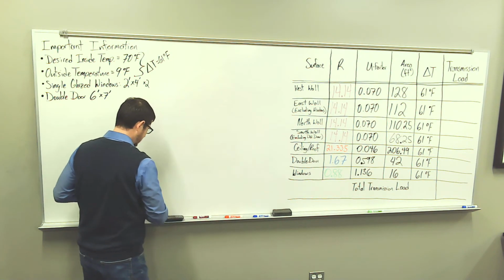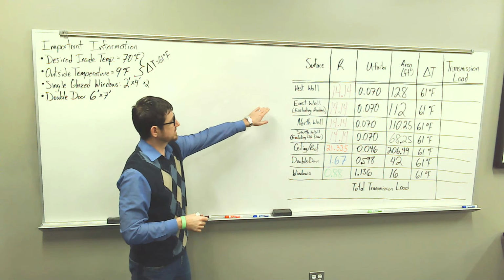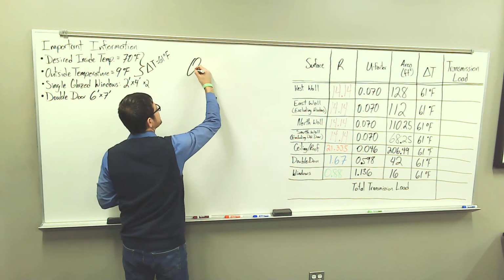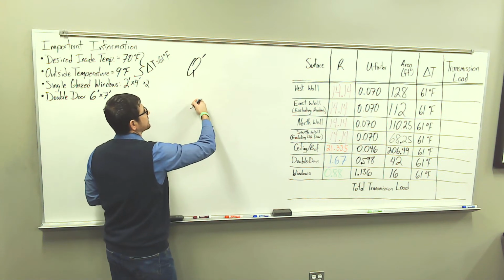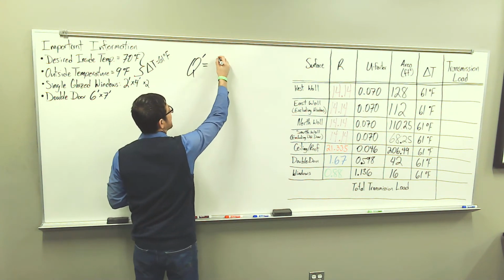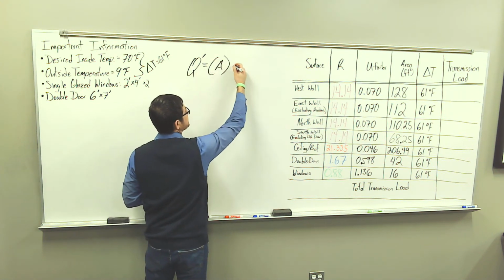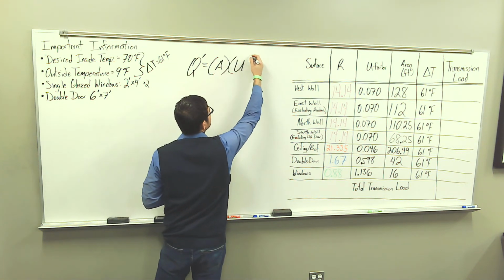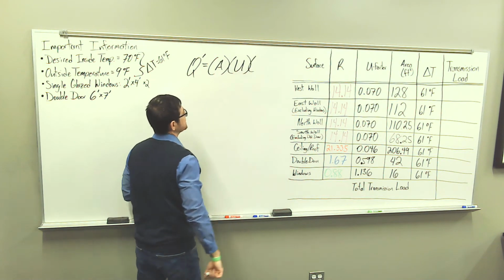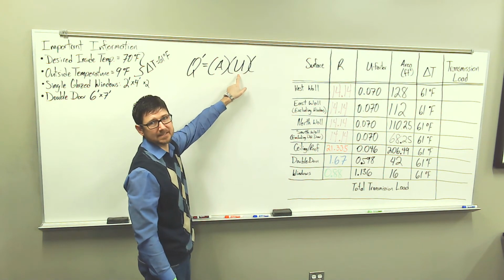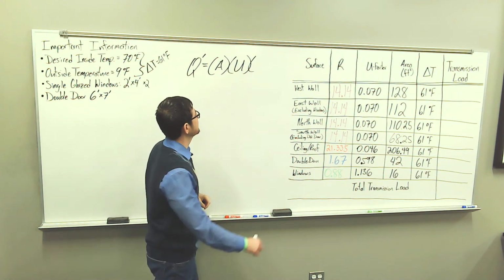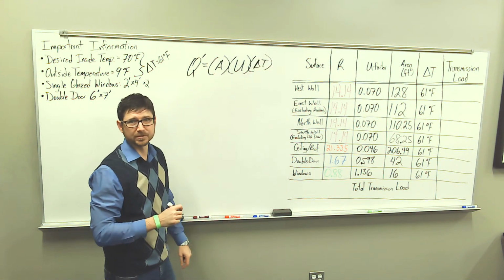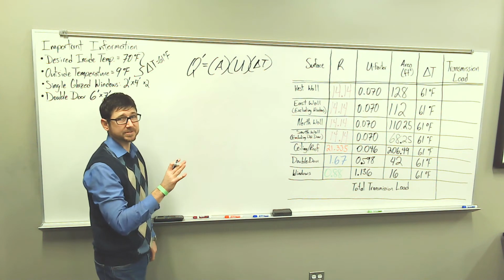Okay, so let's start with the west wall here. We're going to use our equation: transmission load is equal to Q prime times the area under consideration times our U factor, which is our coefficient of heat conductivity, and then delta T, our temperature difference between the surfaces.